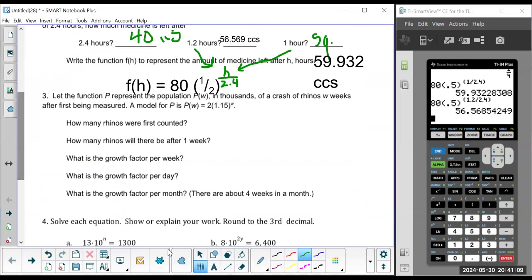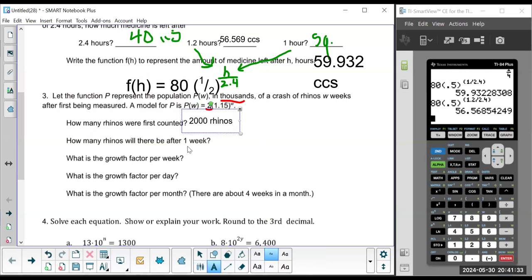This is actually the one that we should have started with. So here's our model, and they're asking us what it is. They're talking about rhinosaurs, and how many they have in their population based off of the weeks. So when we first started, before it started growing, it said it was 2, but they told us it was in thousands, so it's going to be 2,000. And our unit is rhinosaurs or rhinos.